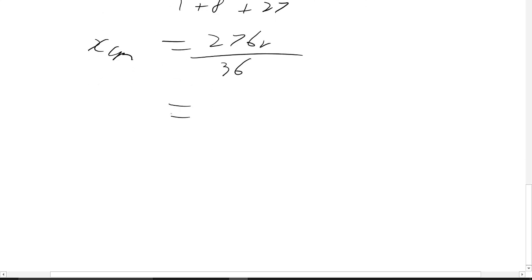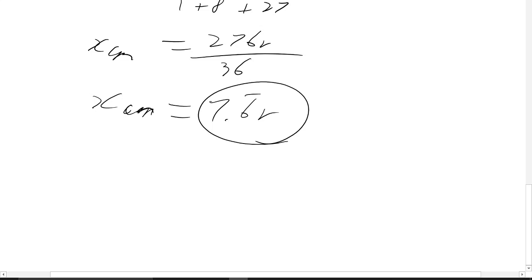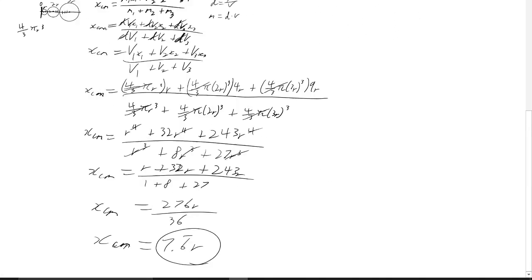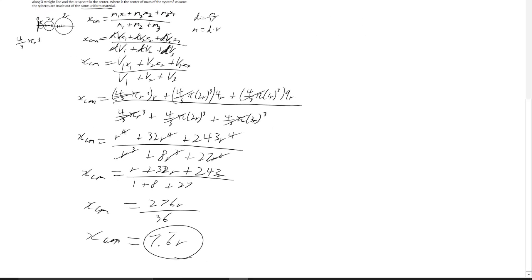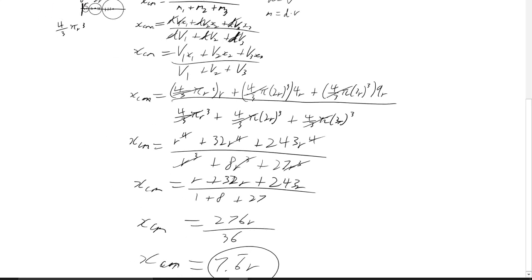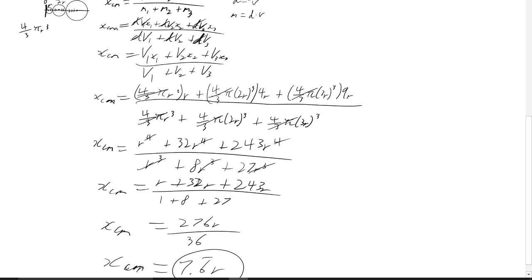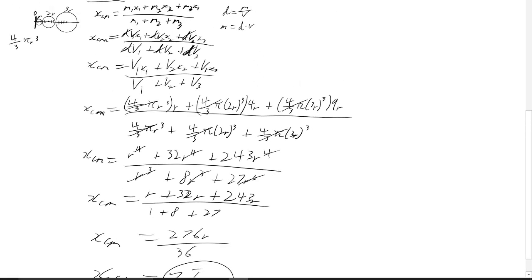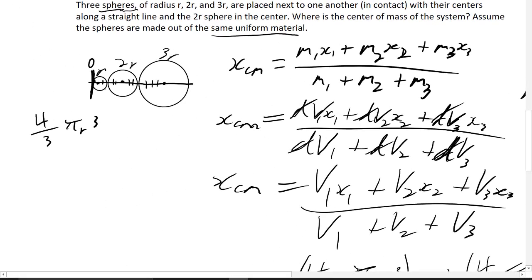So now we can put this in our calculators and divide. And you should get 7.6 repeating times r. Now, in the book, it said 6.6 repeating r, but that's because they took the reference point to be at the center of the small circle.